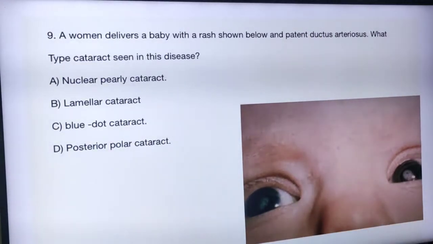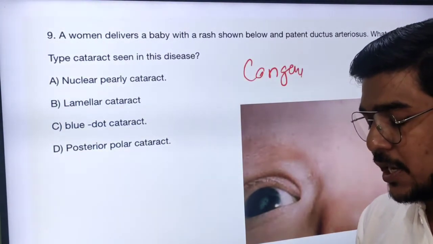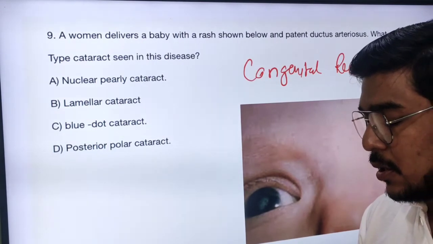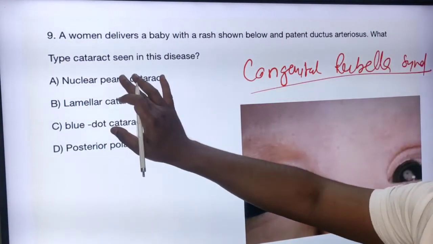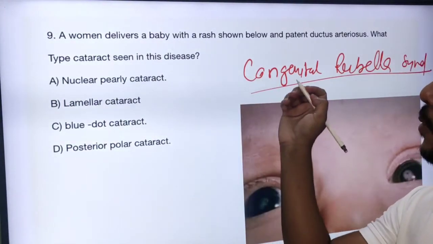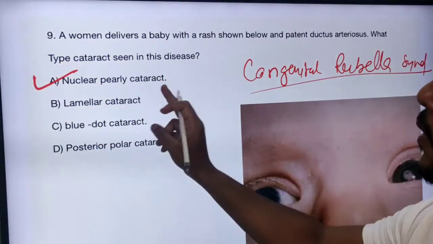So the diagnosis that we can make is congenital rubella syndrome. Now, what type of cataract is this? Obviously, the commonest cataract formed in congenital rubella syndrome is nuclear pearly cataract.